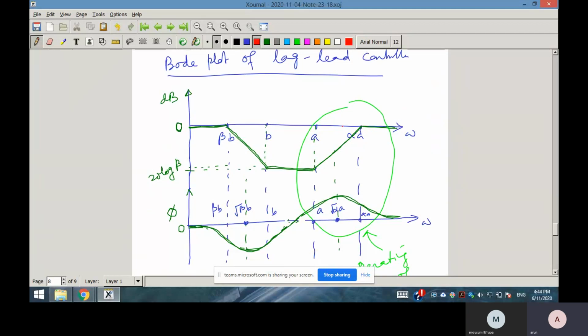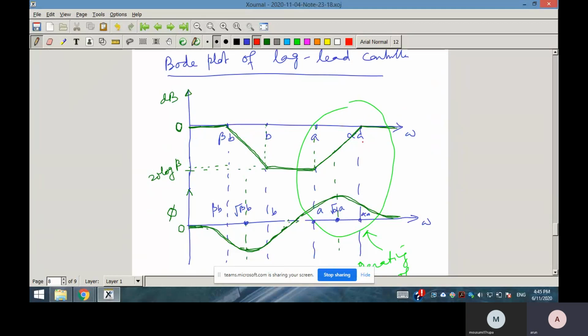As alpha equal to 1 by beta, it will be 20 log of 1, so that's why it is 0 dB. Because of this, we are getting a nice plot. Otherwise the magnitude would have been a little bit more.